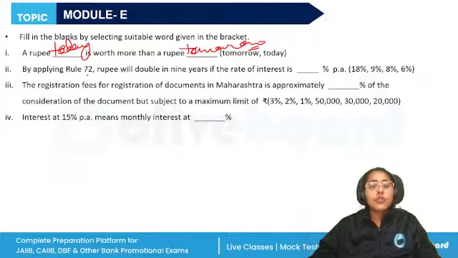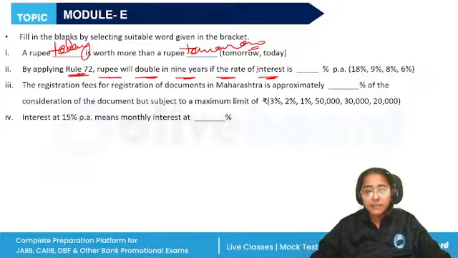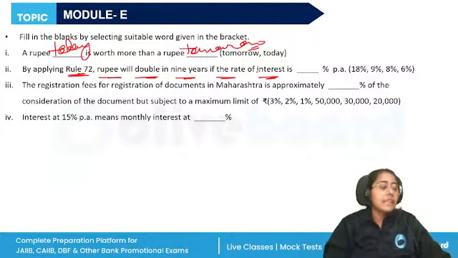Then, by applying rule 72, a rupee will double in 9 years if the rate of interest is 18%, 9%, 8% or 6%. So there are some rules which are given to us. First, if we talk about the first statement, it is the mortgage advice profession which is given, and according to it, the statements are correct and it is referring to the time value of money, interest and the annuities.